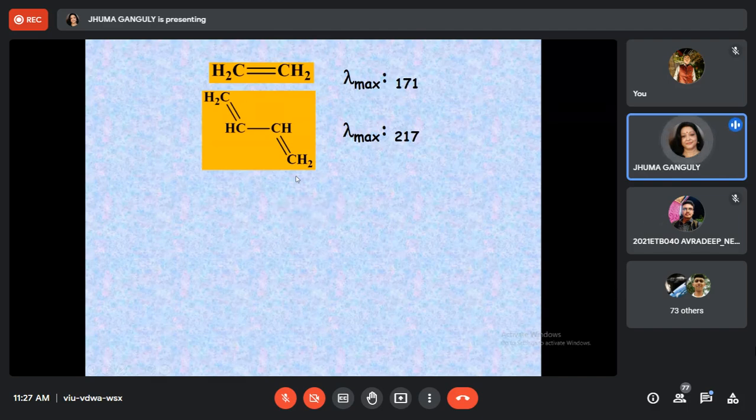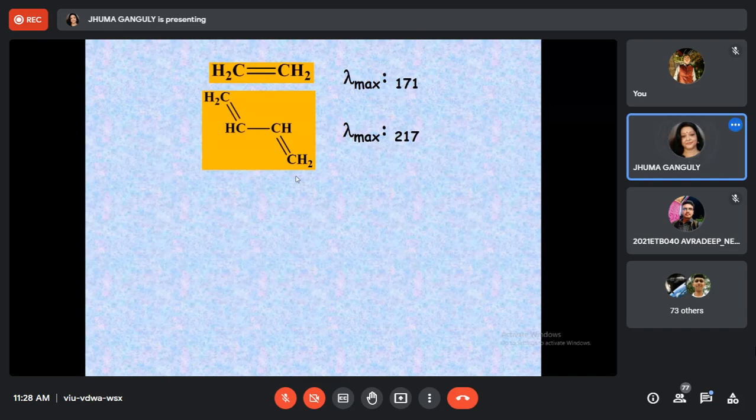I already mentioned in this slide that pi 1 and pi 2 are splitting to form a higher pi 2 and a lower pi 3 star, so the energy gap is minimum with respect to ethylene, and that is reflected in the lambda max value of 270. So with increased conjugation, the lambda max will increase. That is a shortcut if there are no other restrictions.